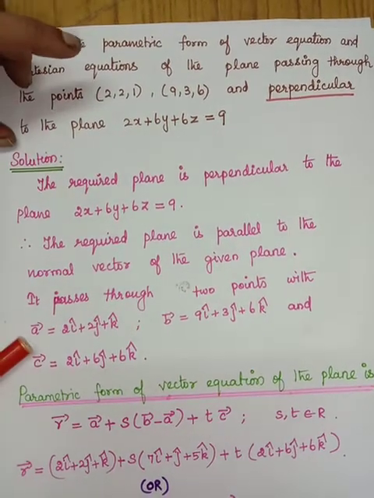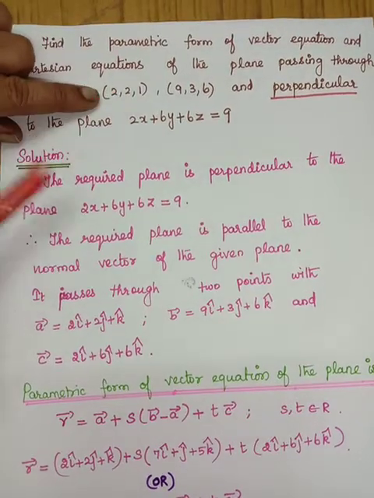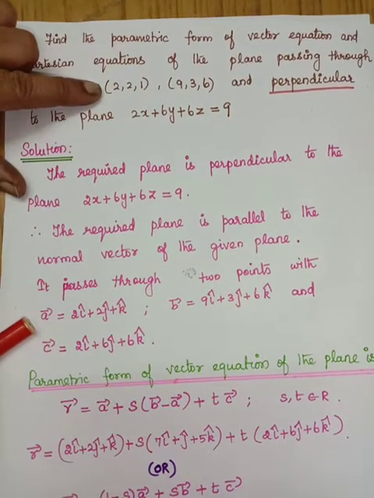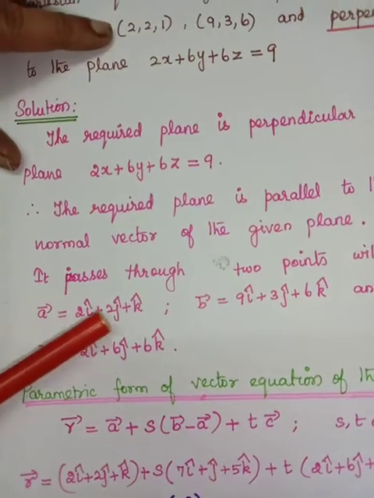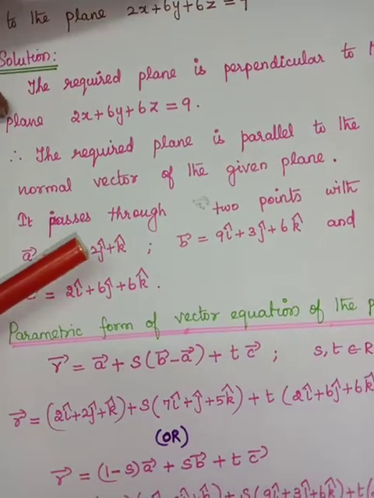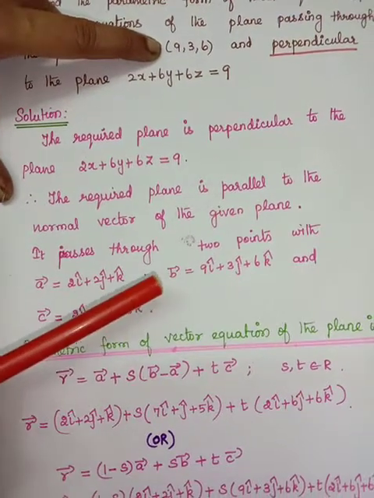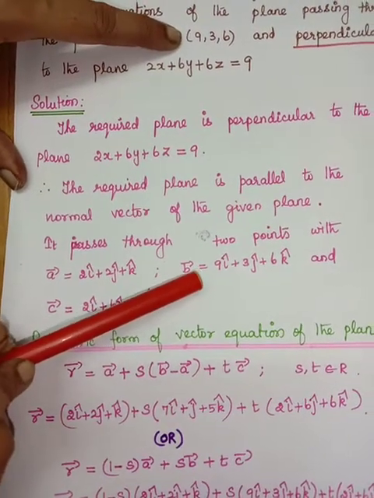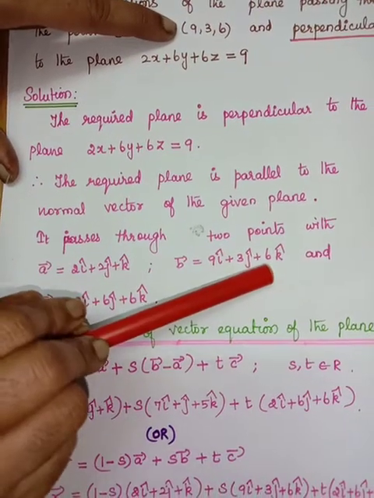First you have to take the position vector of the first passing point, taken as a vector. So a vector is equal to 2i cap plus 2j cap plus k cap. From the second point, you take the position vector, that is b vector. So b vector is equal to 9i cap plus 3j cap plus 6k cap.